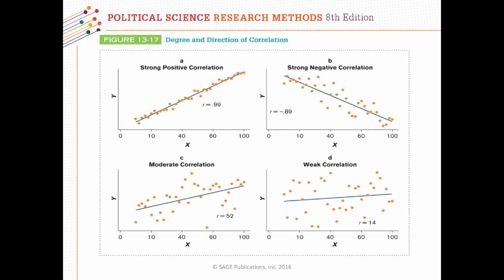This is a great graph from your textbook that shows you the relationship here. These dots are your given observations for your dependent and your independent variables.